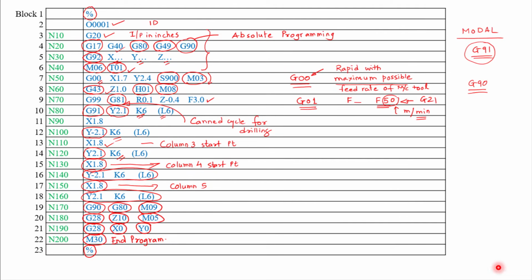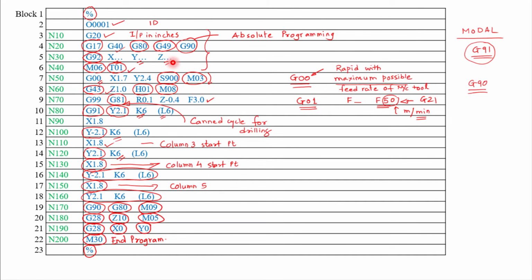Well, let's go back to the program and see how this G43 has been utilized in our case. Here you notice that we are asking the controller to get the cutting tool to the X 1.7, Y 2.4 location in rapid mode.